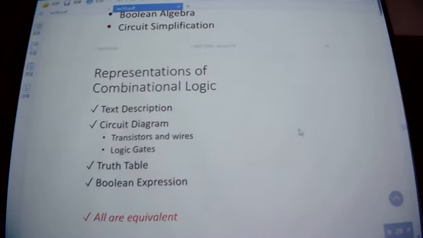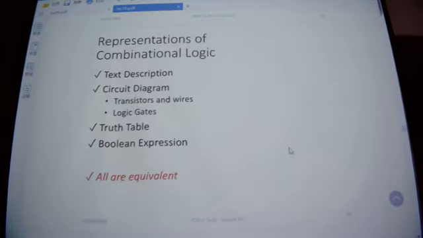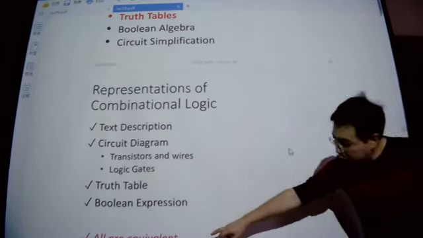Truth table: we can find the representations of combinational logic: text description, circuit diagram, truth table. We call it true value table, they call it truth table, here it is the same. They have Boolean expression. This is important. All are equivalent.